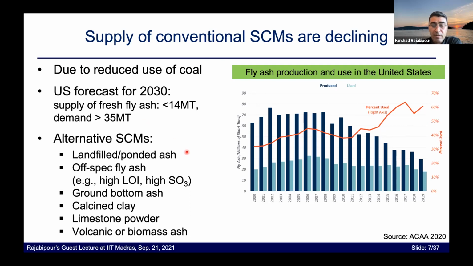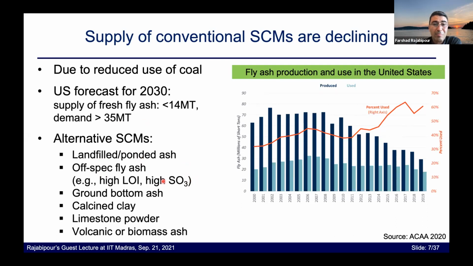Again, there is a lot of great work that is being done in this space, including the work that has been done at IIT Madras on some of these alternatives. So-called harvested ash, or harvested fly ash, that has been stored in landfills and ponds. Off-spec fly ashes that are currently not being used in concrete because of the high loss on ignition or high SO3 content.